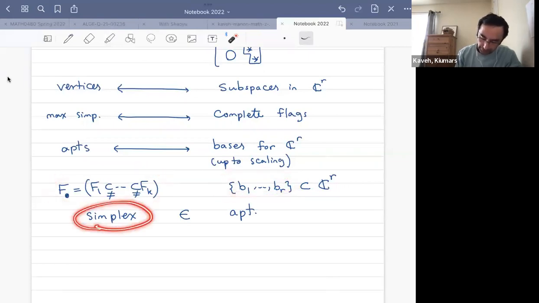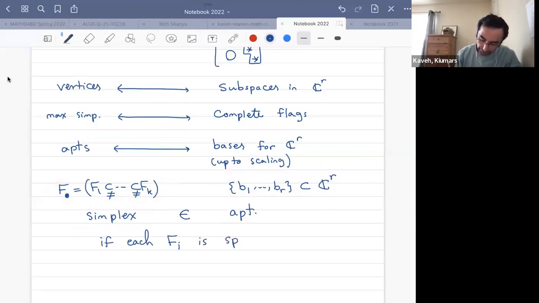And this simplex belongs to the apartment if each F_i, each element in this flag, is spanned by a subset of the basis.